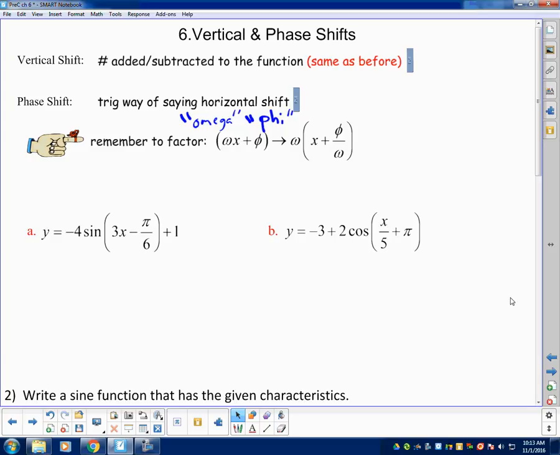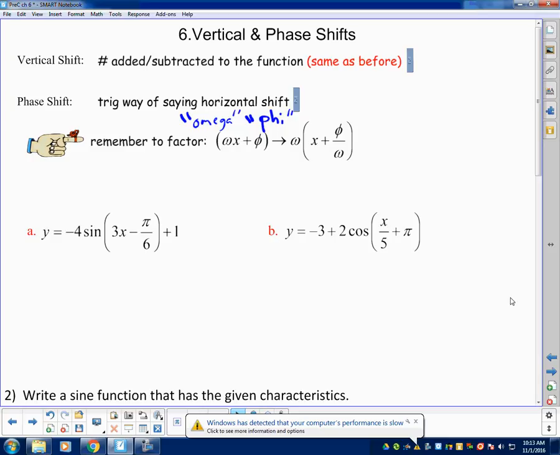So let's look at our step process here. On your notes, you should have for graphs of y equals a sine of b times x minus c, plus d, where b is factored out, lowercase a is our amplitude.